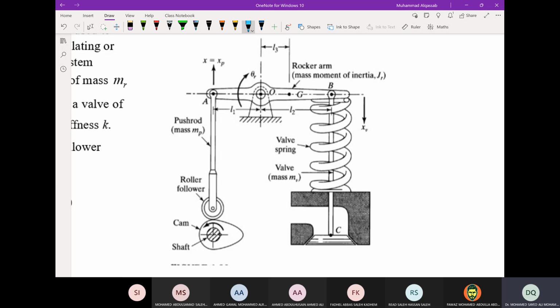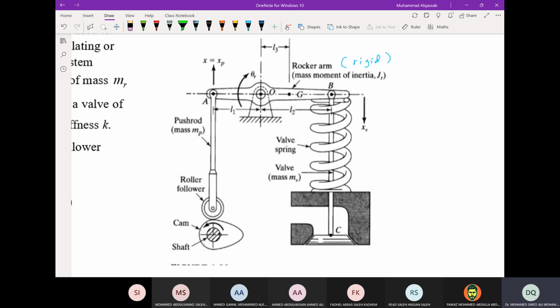The push rod is moving, connected with the rocker arm. The rocker arm is the rigid link connecting the push rod, this one, and the valve and the spring as well. The push rod and the valve are assumed rigid.